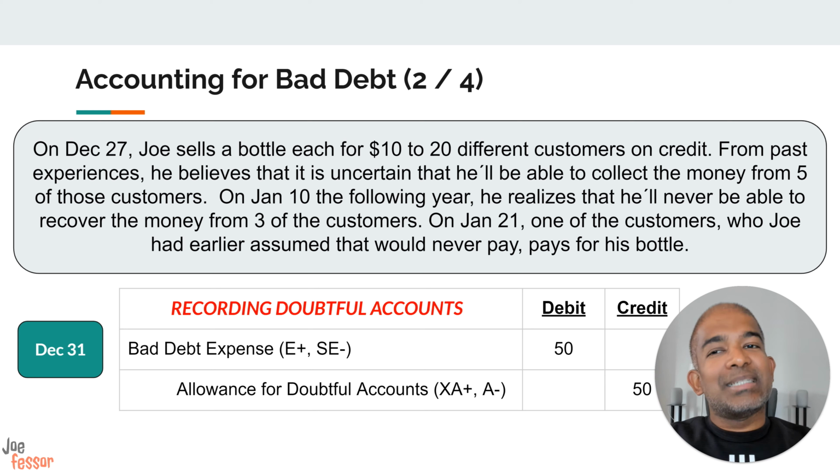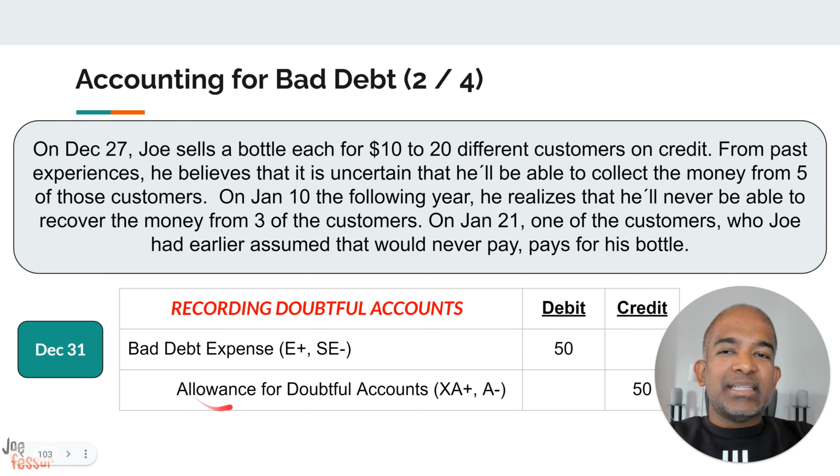So we're going to use the temporary account, which is a contra asset account: Allowance for doubtful accounts. If you credit that by $50, this $50 is deducted from the $200 and the balance of $150 is shown as a net realizable accounts receivable, and this balance is shown under assets in the balance sheet.